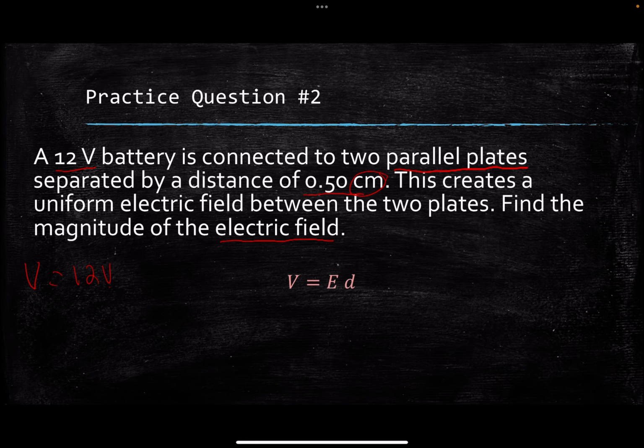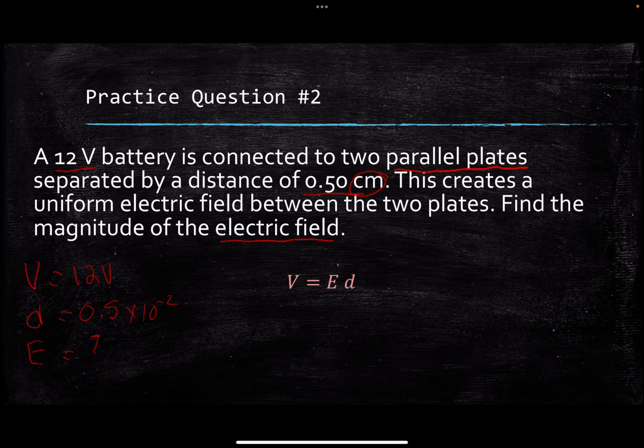So we have a 12 volt, and then we have a distance, which we're going to change this to 0.5 times 10 to the negative 2, or just move it over 2 more decimal places. And then it is asking us for a field. So now that we have multiple equations to choose from, it is a really good idea to write out your given information unless it's obvious.